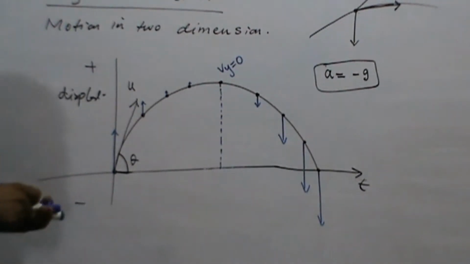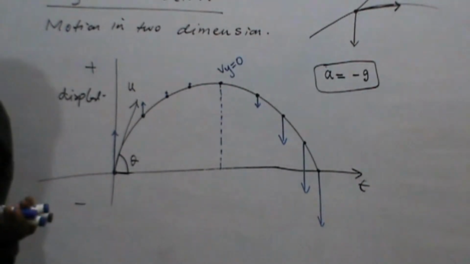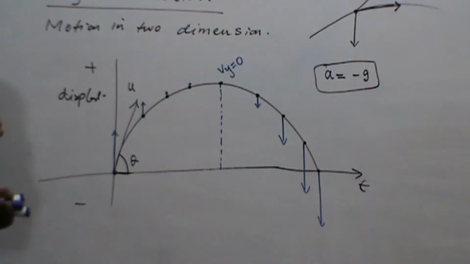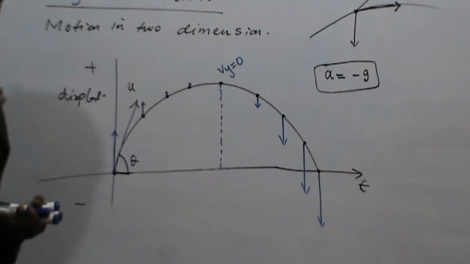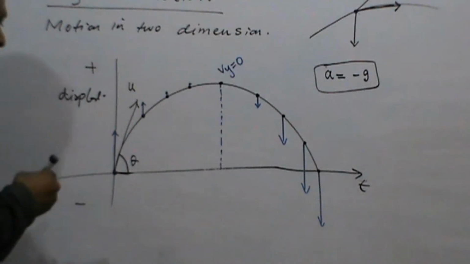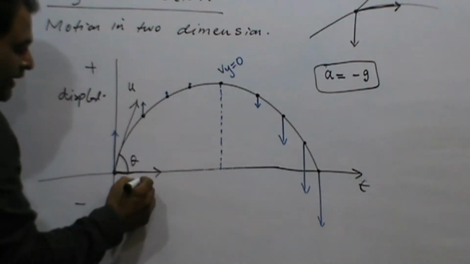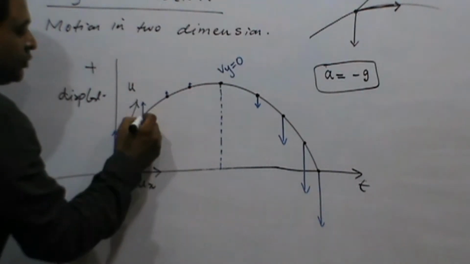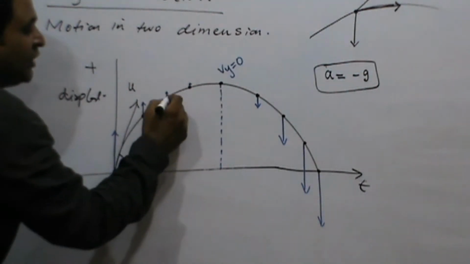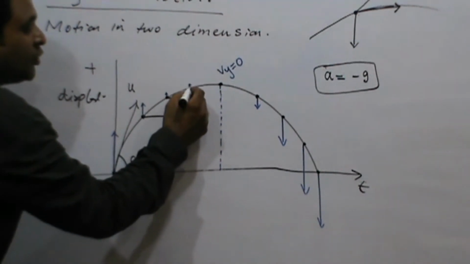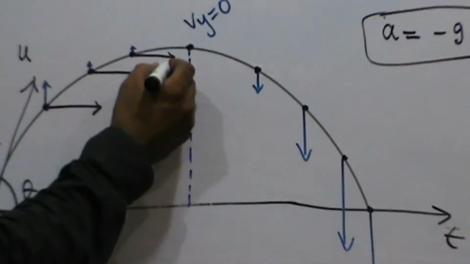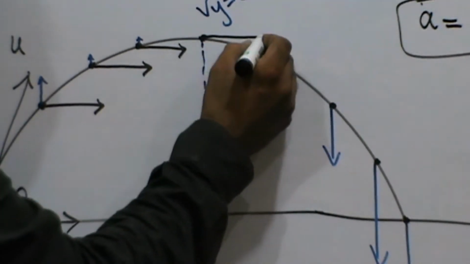Along the x-axis, the object won't experience any force. The horizontal component of the velocity is the same throughout the motion. If I resolve the components everywhere and ask you what ux is, that's constant. It won't change, because in the direction of the x-axis the object is experiencing no force.